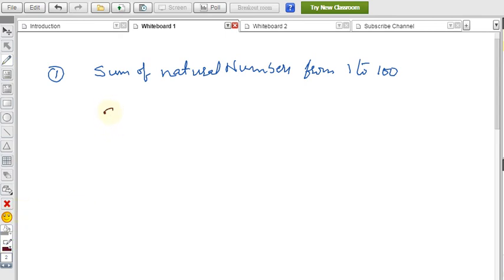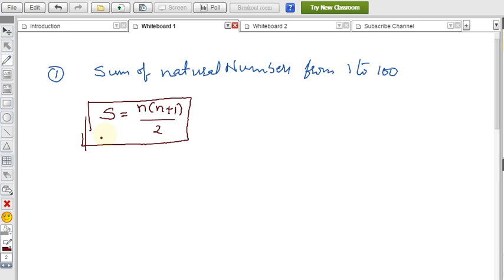S, that is sum, is equal to n into n plus 1 by 2. Here n is the number of natural numbers. How many numbers we need, from 1 to 100 or 1 to 50? If it is 1 to 100, n is equal to 100. If 1 to 200, then n is equal to 200.